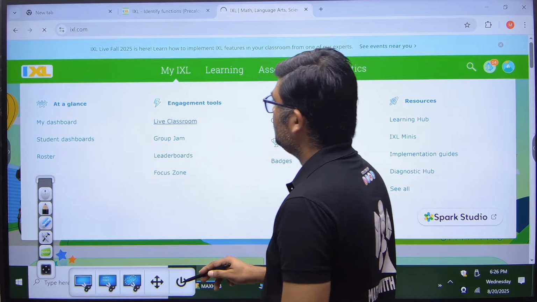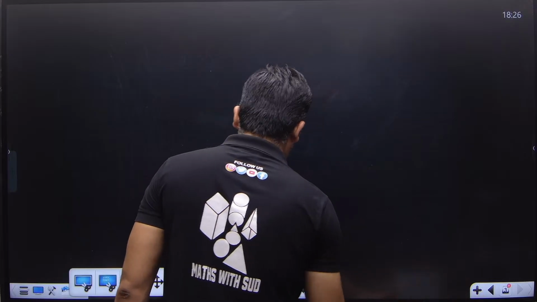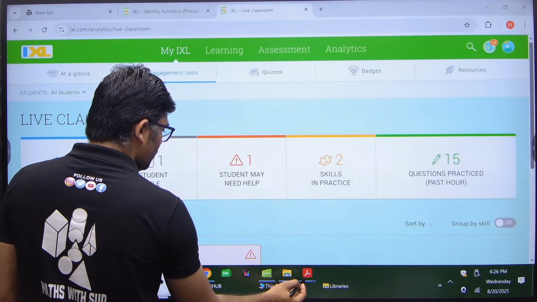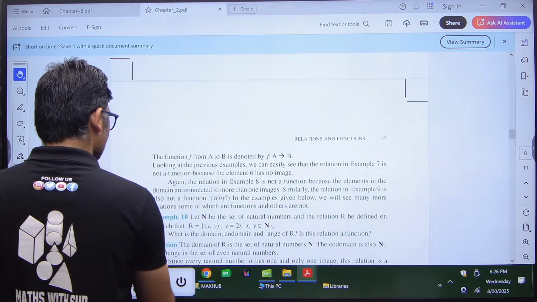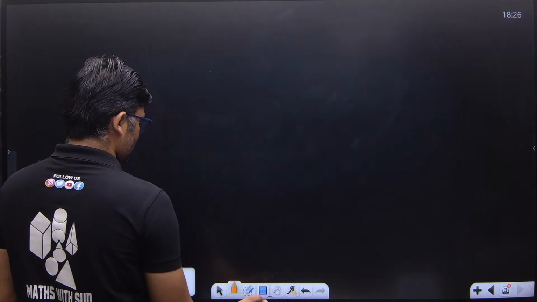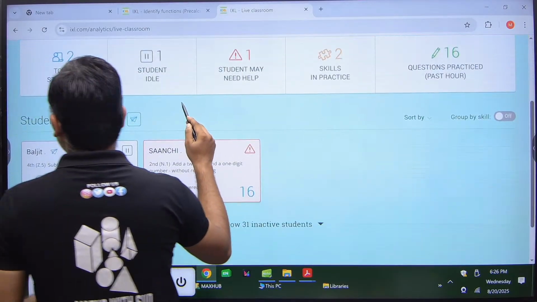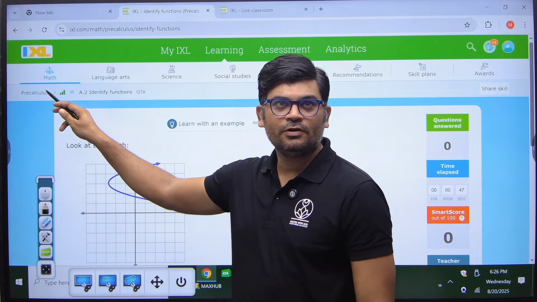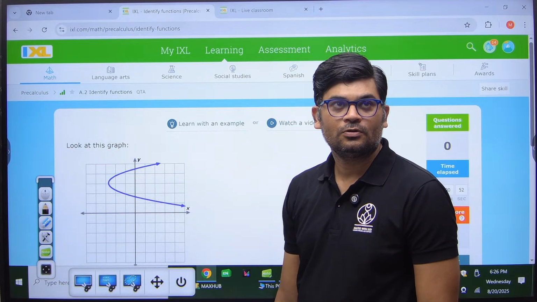So how to identify whether something is a function or not? There is a definition of a function, and there is a rule. In maths learning, go to pre-calculus on the left side, and open A2.